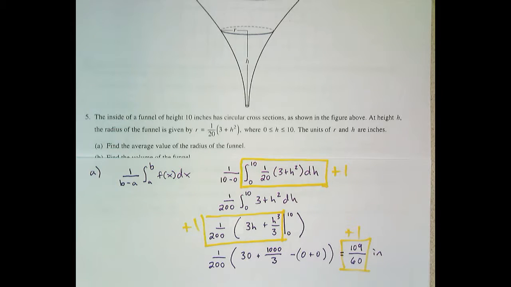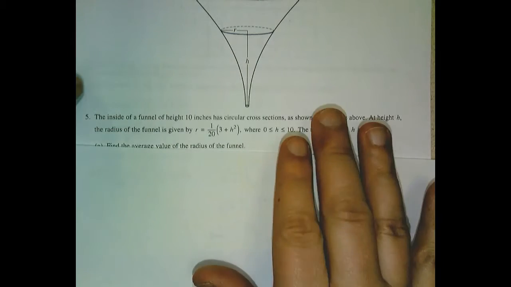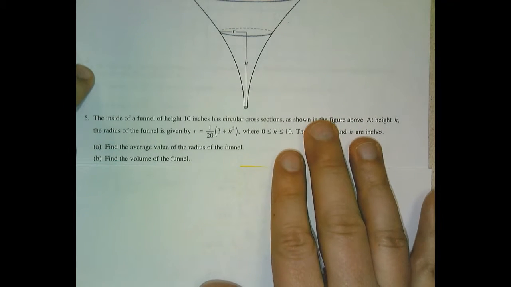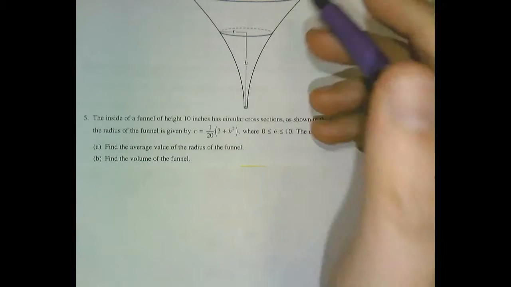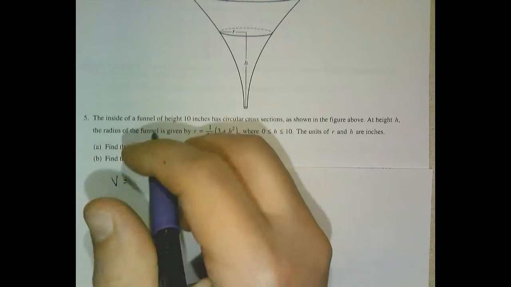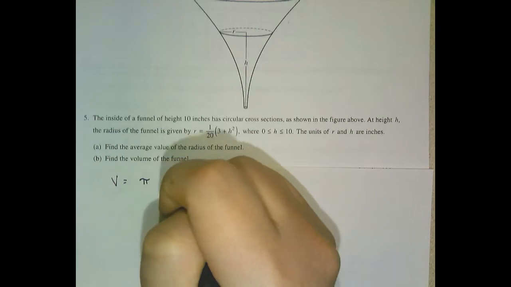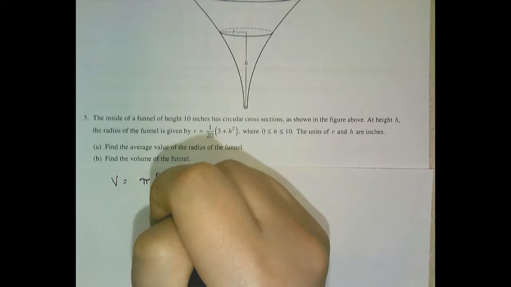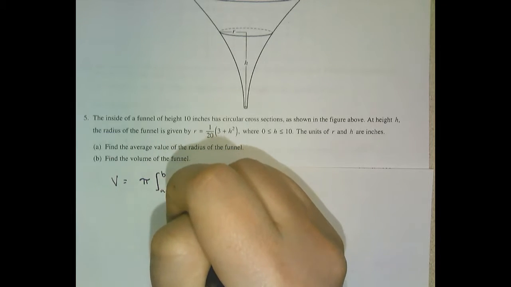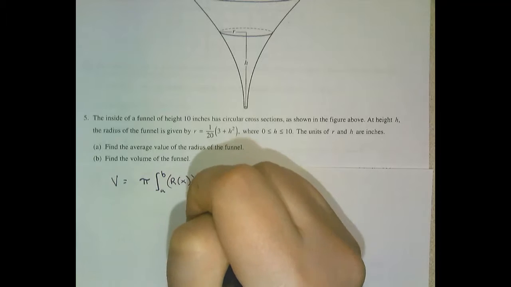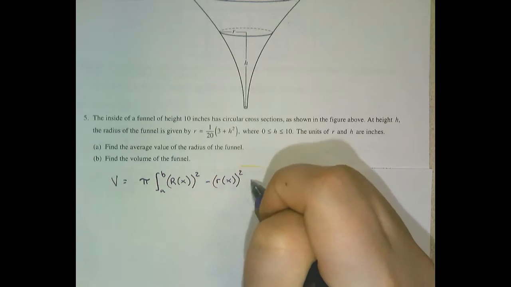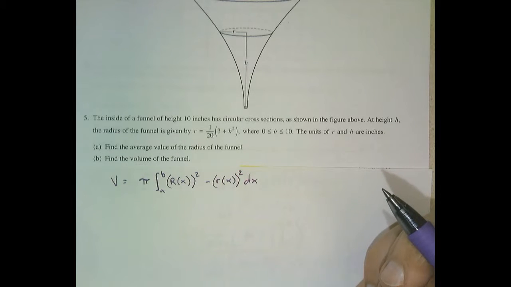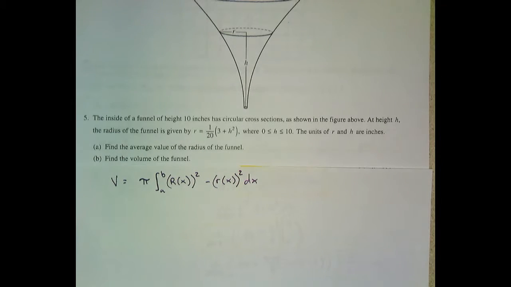All right, on to part B. Part B says find the volume of the funnel. And this is a rotation volume. So if we go back to our volume days, the general concept was we did big R of x squared minus little r of x squared. Now in our case, we only have one radius.